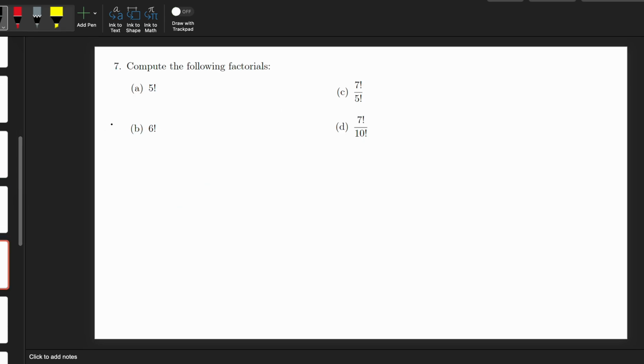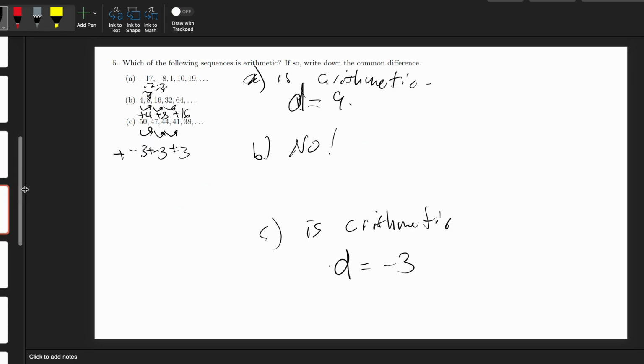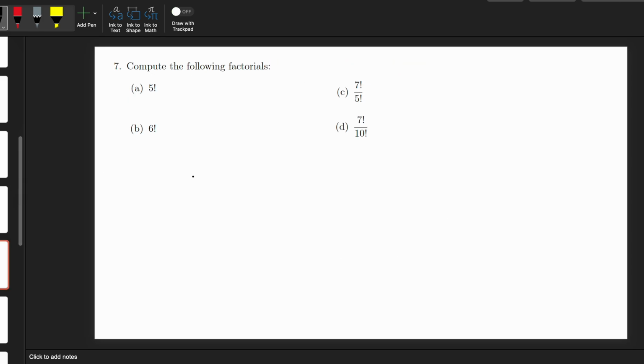Okay, let's keep going. So next, I'm going to define factorial. So what is factorial? Definition: n factorial is equal to n times n minus 1 times n minus 2 times ... 3 times 2 times 1.